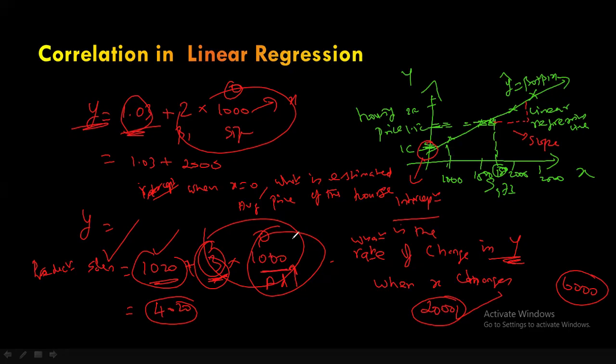When you spend $1,000, it increases by 3 times your sales. When you spend 2000, it increases by 3 times. When you spend 3000, it increases by 3 times. How much the value of y changes when the value of x changes, that is what your slope is all about. Hope you understood this, right?